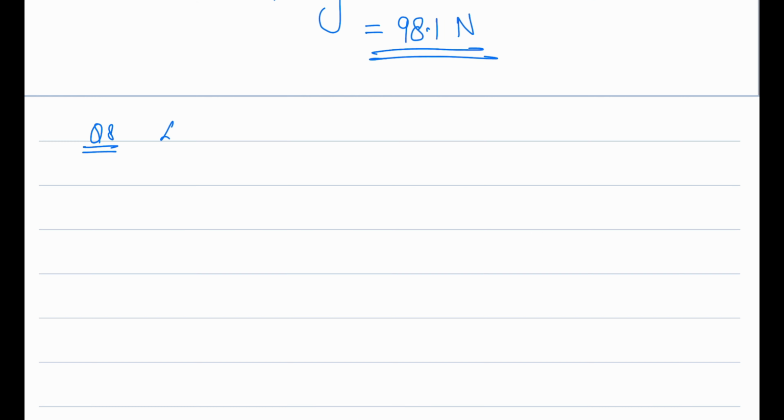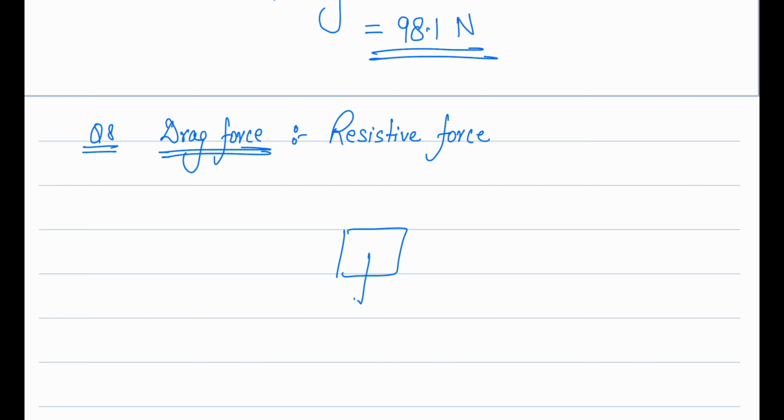It's all about drag force. What is the meaning of drag force? Drag force means resistive force. Now try to understand. Let's say the body is going down, and there is air pressure which is going up.